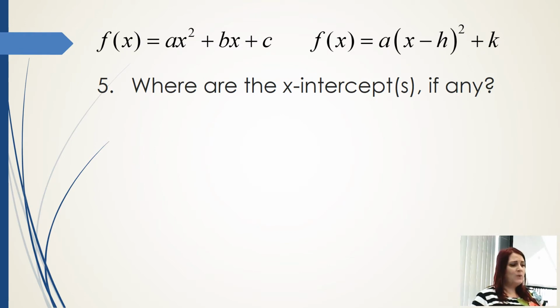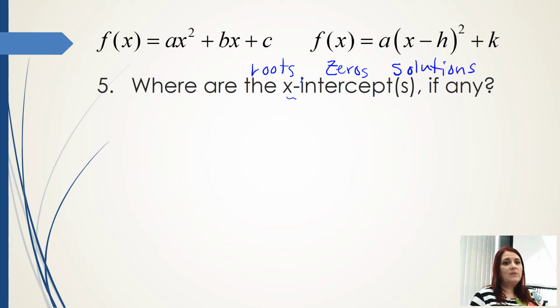All right, and the last question that we're going to ask is, where are the x-intercepts? Remember, x-intercepts are also called things like roots or zeros or solutions. If I ask for any of these things, we're asking for the same thing.